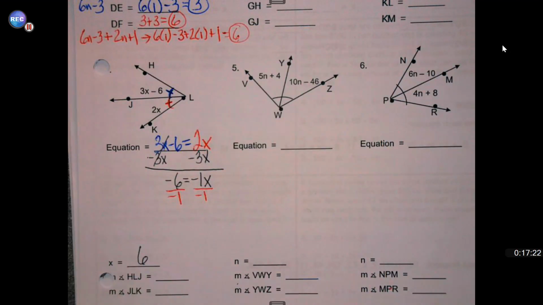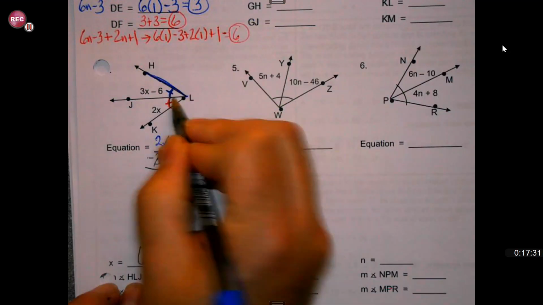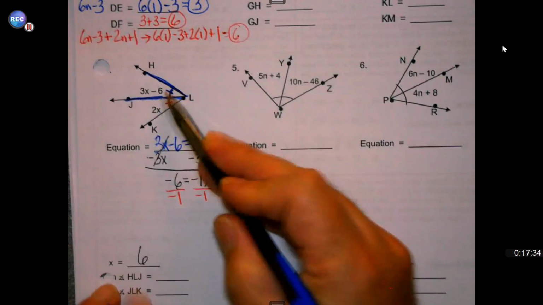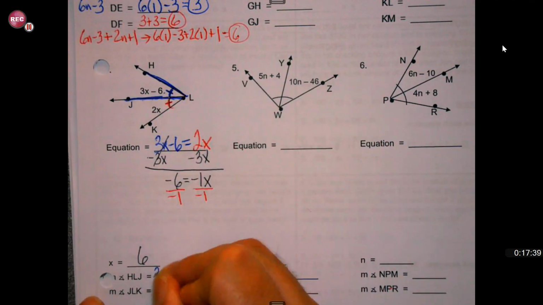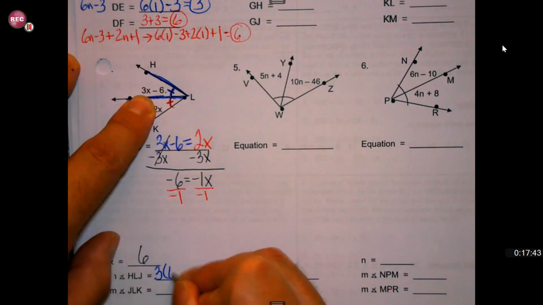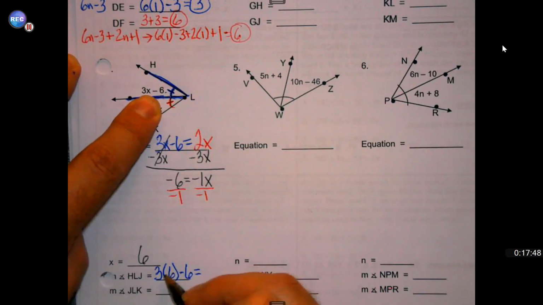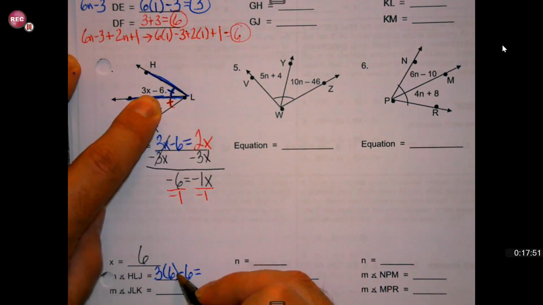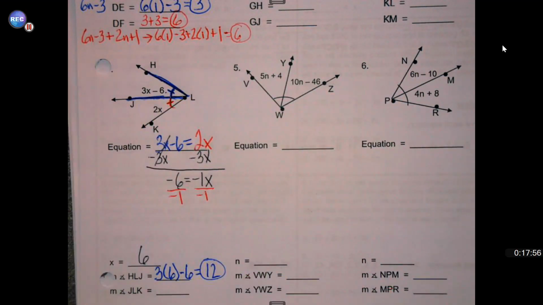And then similar to what we dealt with up in number 1, be careful with what you're being asked for. HLJ. So I want this one. So I start writing. When I get to the x, we replace it with the x value that we found. 3 times 6 is 18, minus 6 is 12.